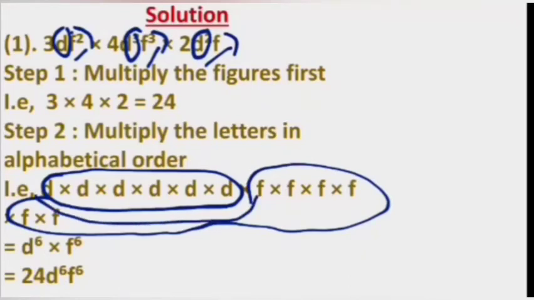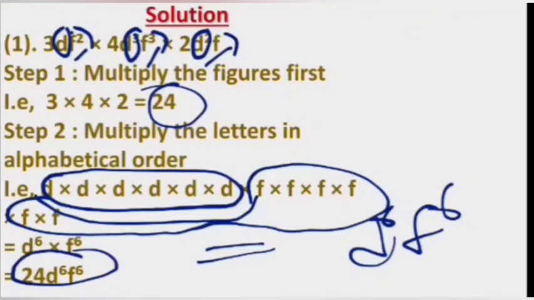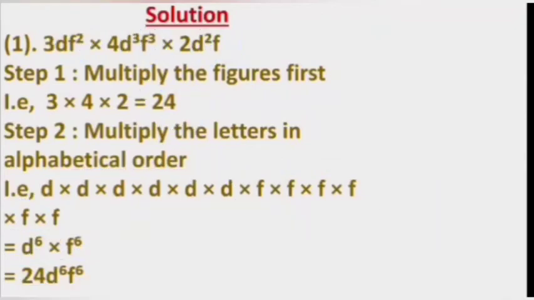So we have d raised to the power 6 times f raised to the power 6. Don't forget we have the 24 already that we multiplied. So just join them, and that gives you 24 d raised to the power 6, f raised to the power 6 as the answer. Hope that was very simple.